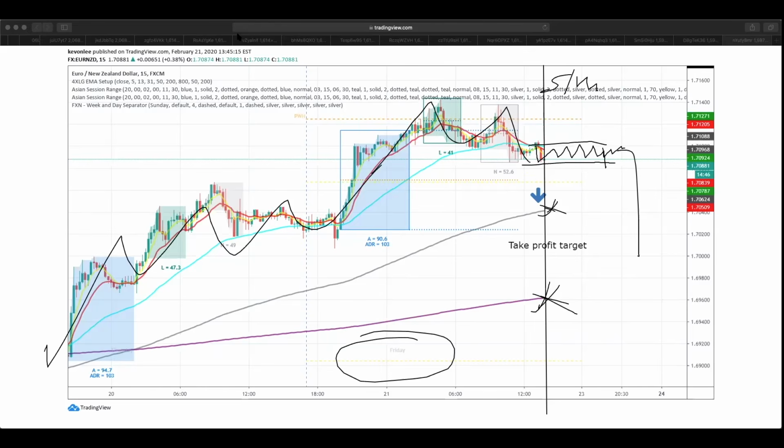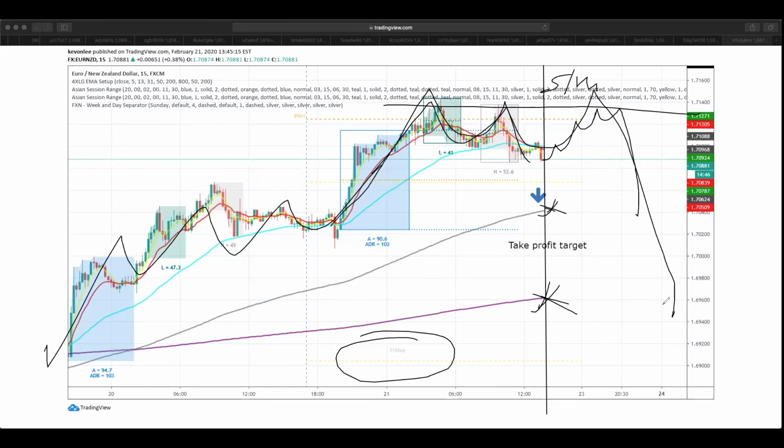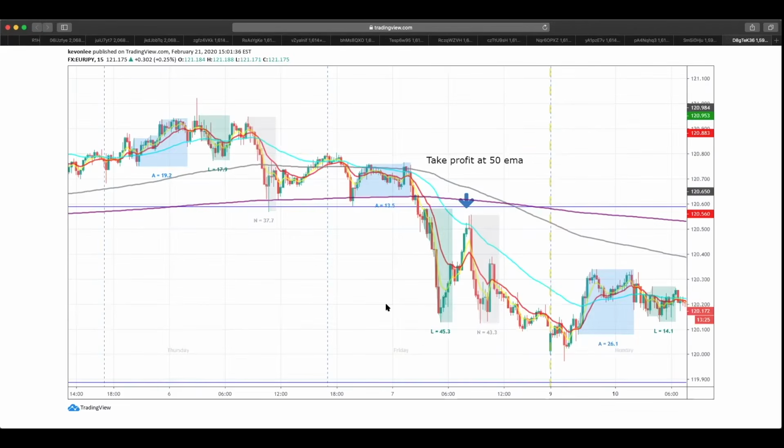If this Asian range doesn't go sideways straight across like that, and it starts to do something like this, then the behavior is we're waiting to see what happens when they get up here. Are they just going to tag it and make a triple top to go down? Do you see what I mean? So it's just different scenarios depending on what happens during the Asian range. Hugely important.